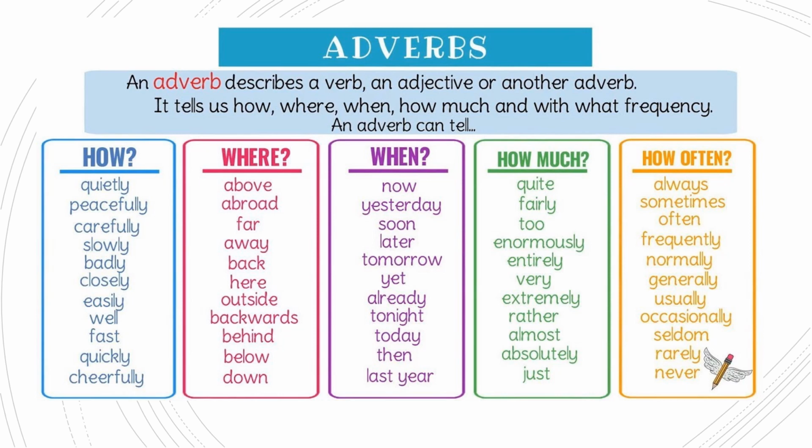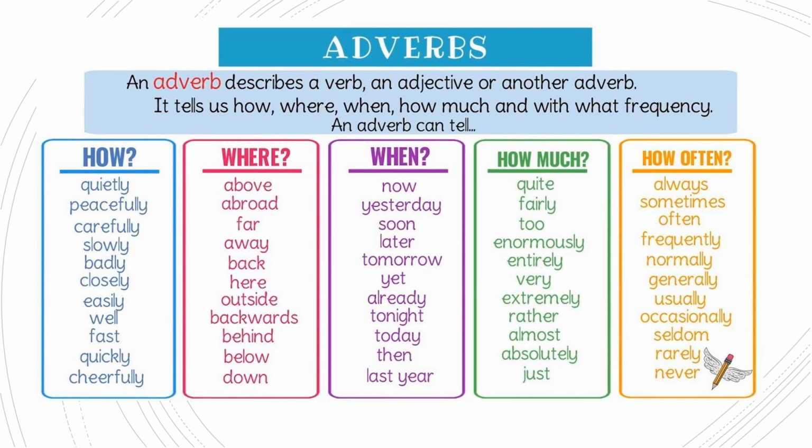For example, how something is done: quietly, peacefully, carefully, easily, fast, or quickly. Similarly, where something is done, which tells you about the place: above, abroad, far, away, back, here, outside. All of these are adverbs.